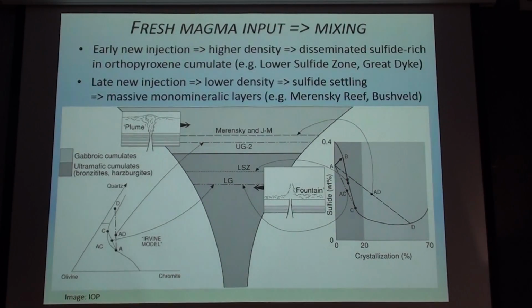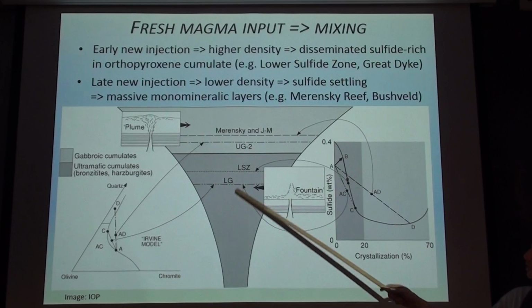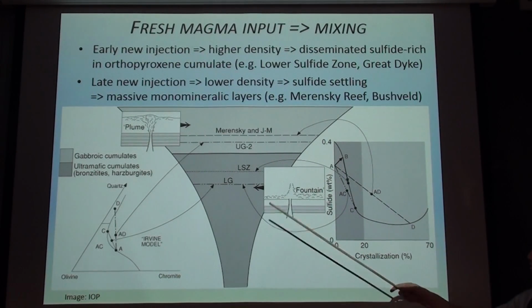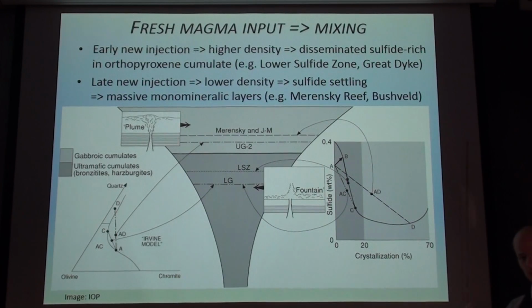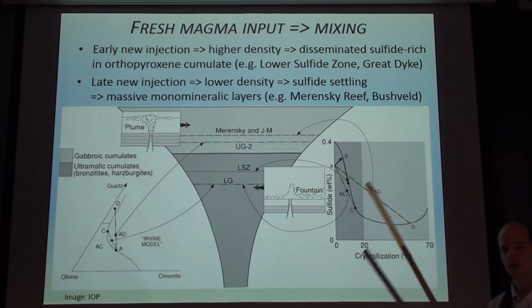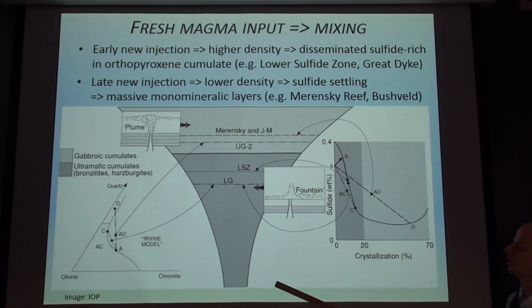So to summarize, igneous layered intrusions. We have the magma injection in the crust, starting to crystallize silicate phases like orthopyroxene. And then at some stage, we inject a new melt early in the history of crystallization.